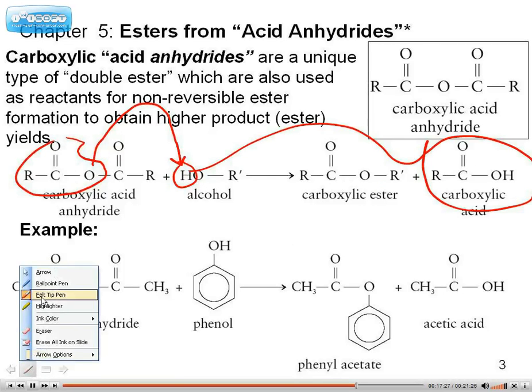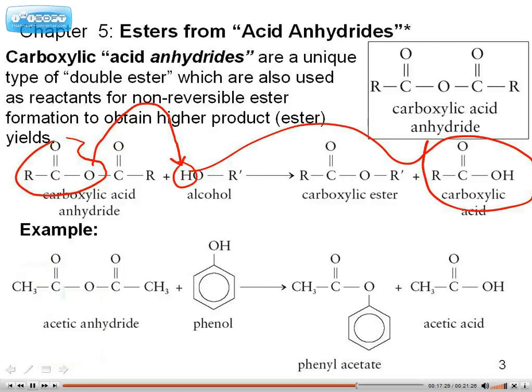The remaining parts of each of the two substances, the carbonyl group and the previous alcohol, it's actually called an alkoxy. The previous alcohol will combine, forming a brand new ester.